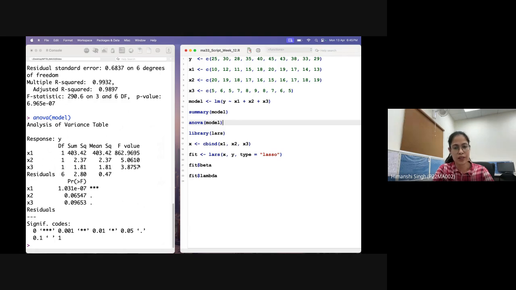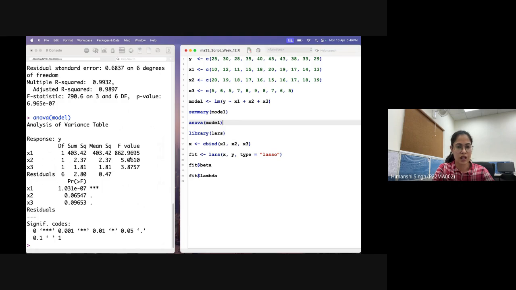The F value is what we have discussed: the mean square due to regression divided by the mean square due to the residuals. Here the degrees of freedom for the residuals is 6, the sum of squares is 2.80, and the mean square is 0.47.